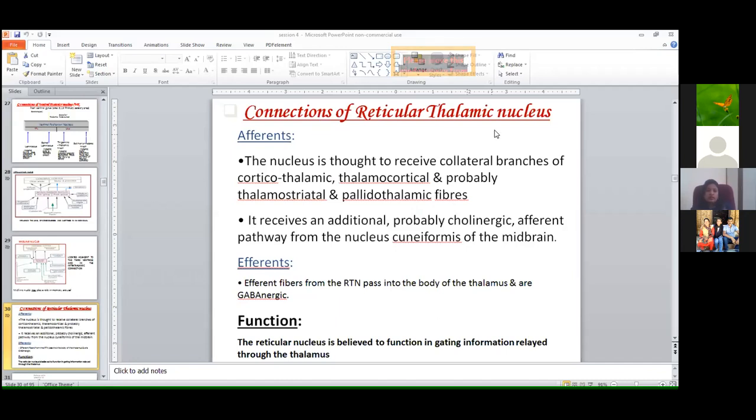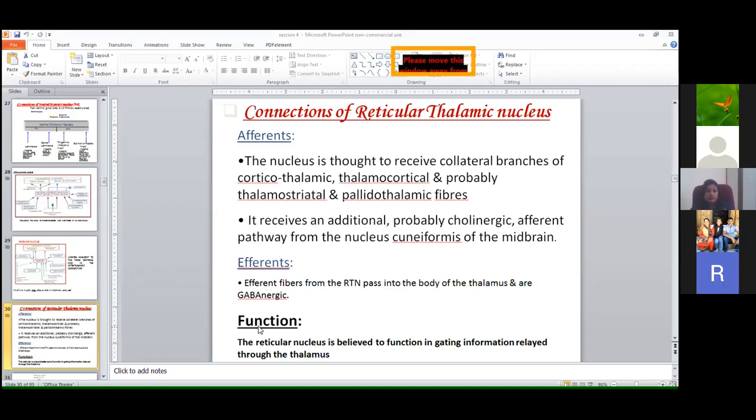As for the afferents, the nucleus is thought to receive collateral branches of corticothalamic, thalamocortical and probably thalamostriatal branches from the cortex, and additional branches from the midbrain.